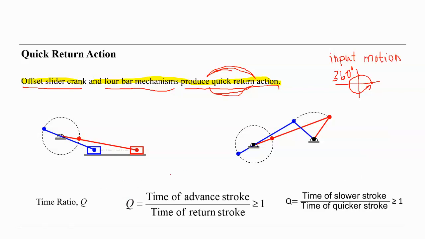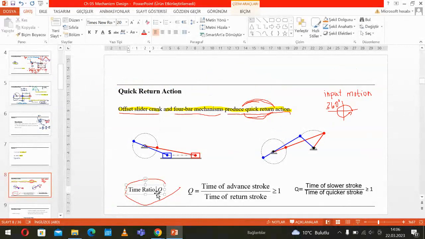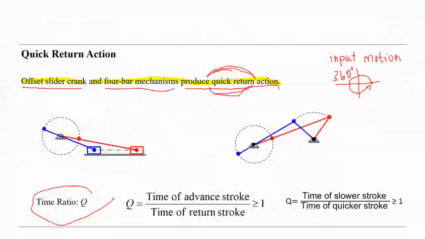Or the forward motion. So here the time ratio is defined by Q. So here is the mistake. The time ratio we can indicate with Q. So the Q is time.